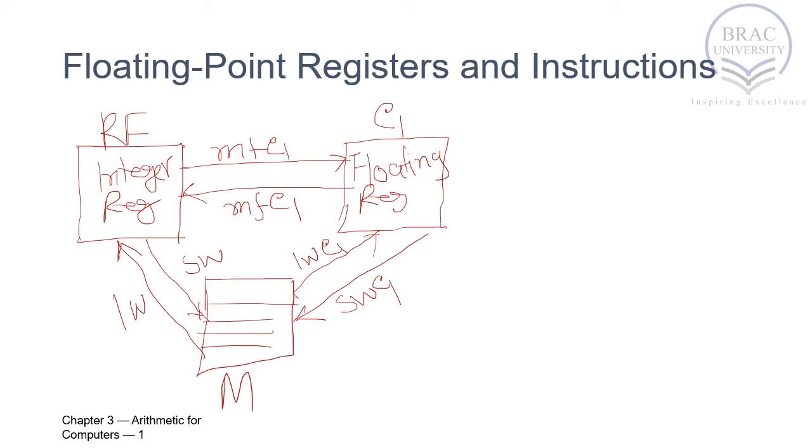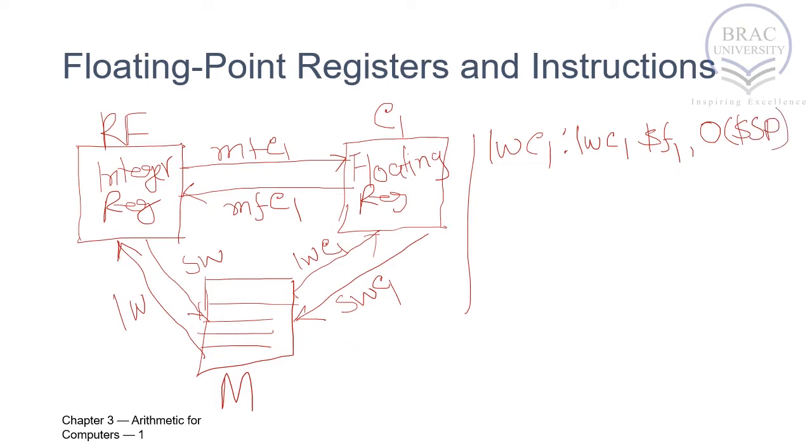Let me discuss a few of them. We already know load. Now load C1: if we like to see the use of this instruction, let's say load C1 F1, 0, SP, the stack pointer.